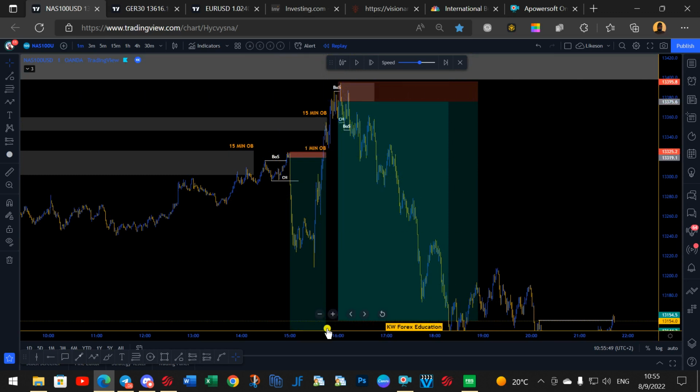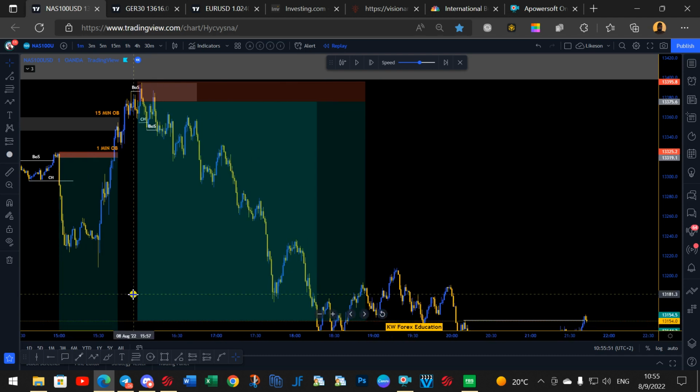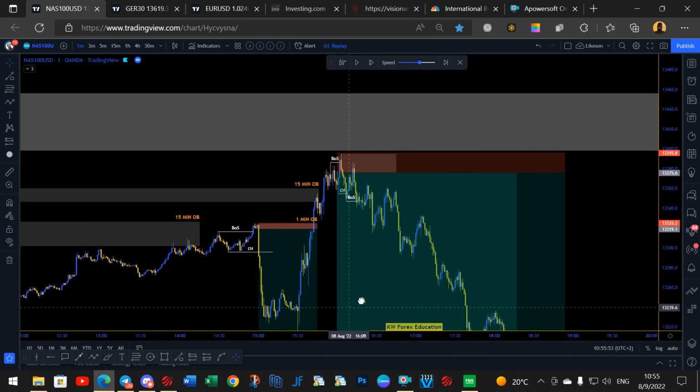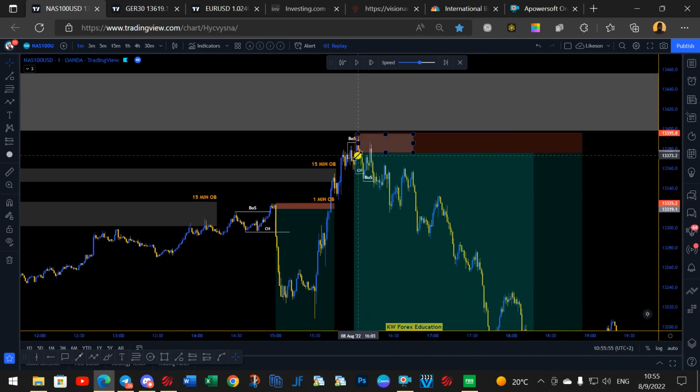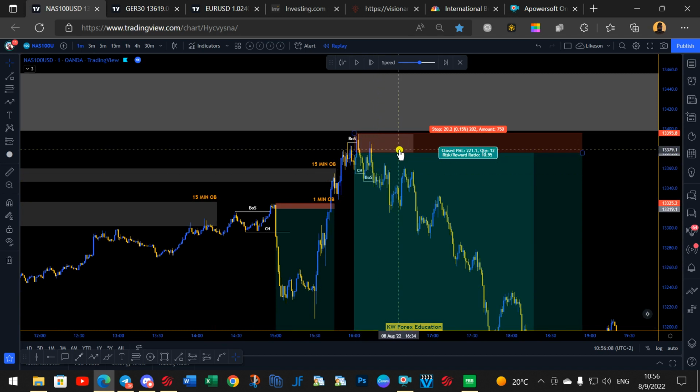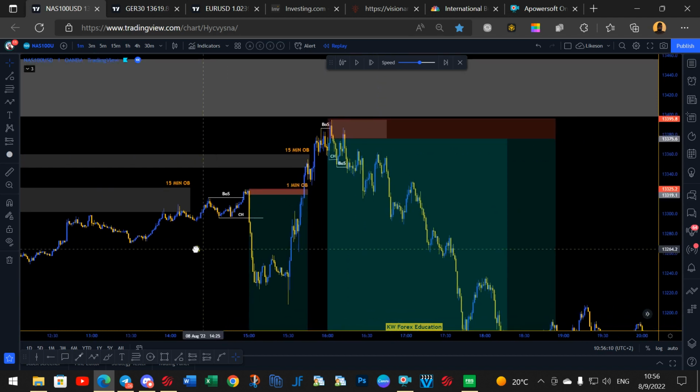Same here, it's the same thing we applied here. Same thing we applied here. Break of structure, change of character, you mark your order block, get that mitigation. After you get your first break of structure, you move your stop loss to break even, so that even if it takes you out, it's still fine.